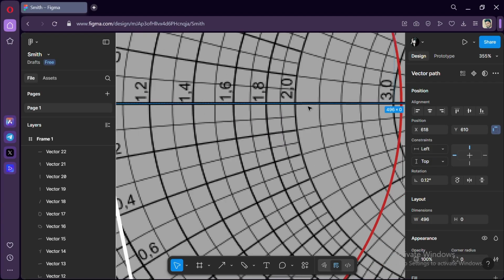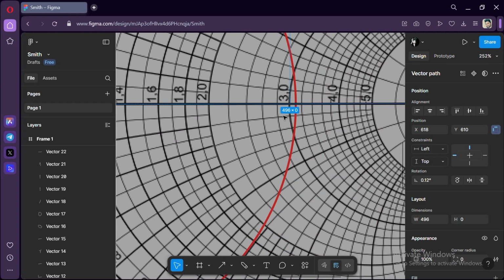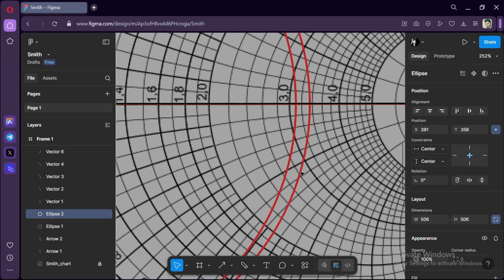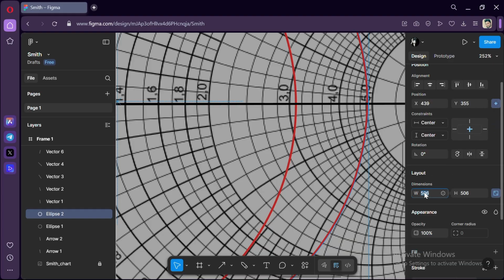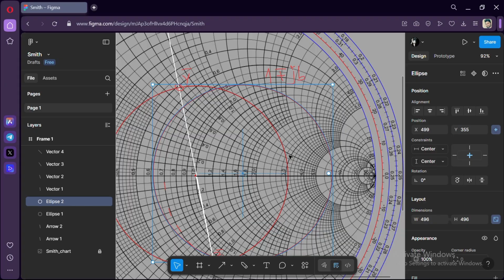So if I choose this arrow for 496, the radius of the circle here is 496. So we got the diameter of the circle.